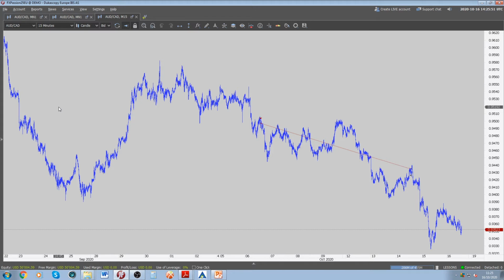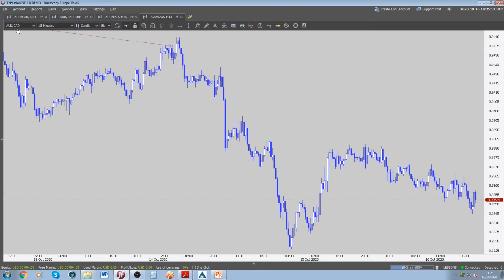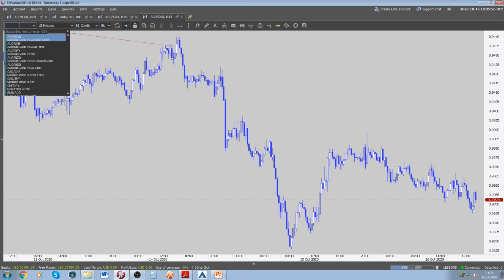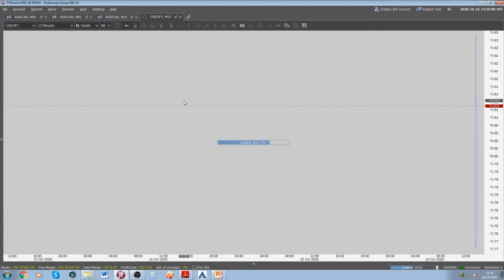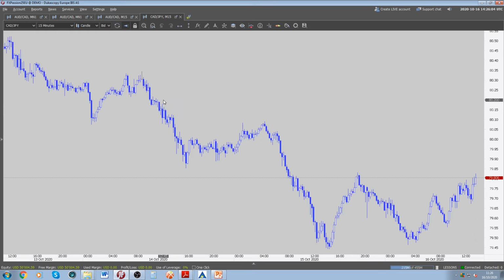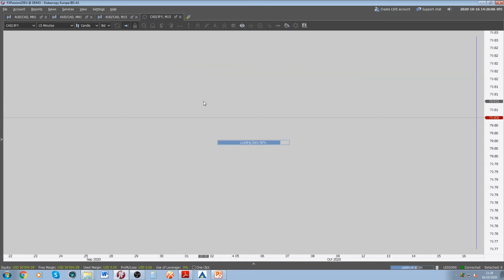And this is AUD-CAD 15-minute chart. In the meantime, we are going to open Canada JPY 15-minute chart, and do the same. Just give it a second.